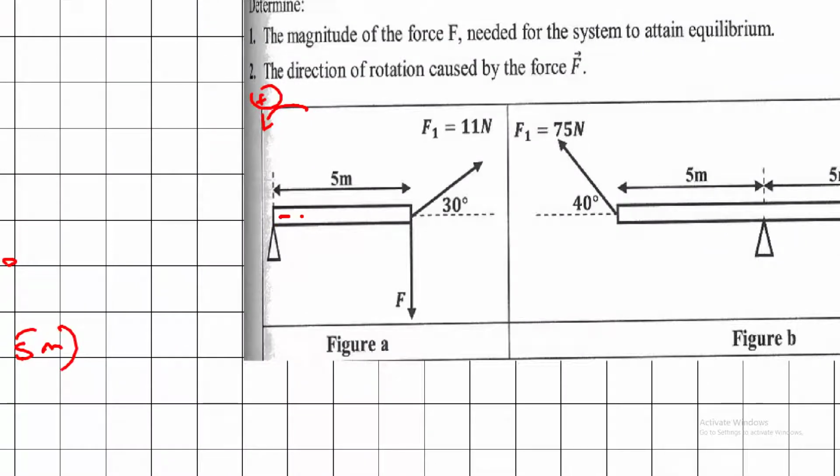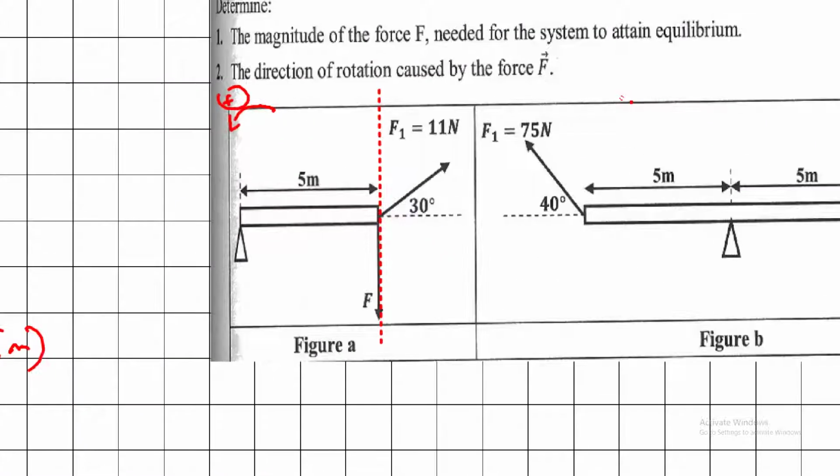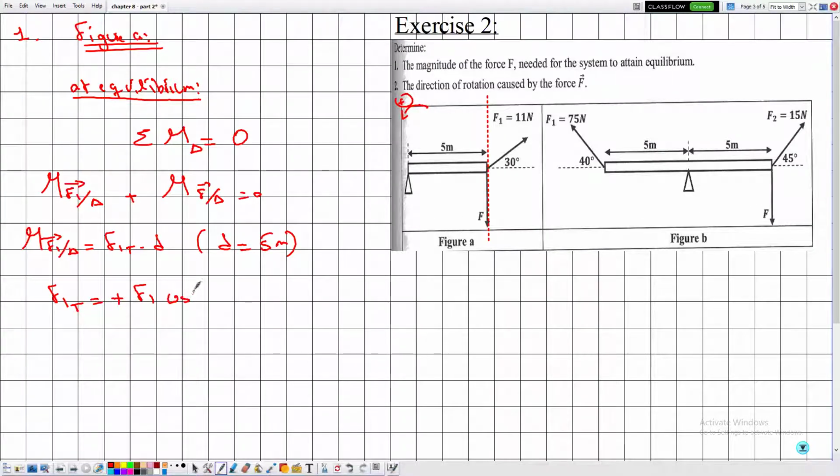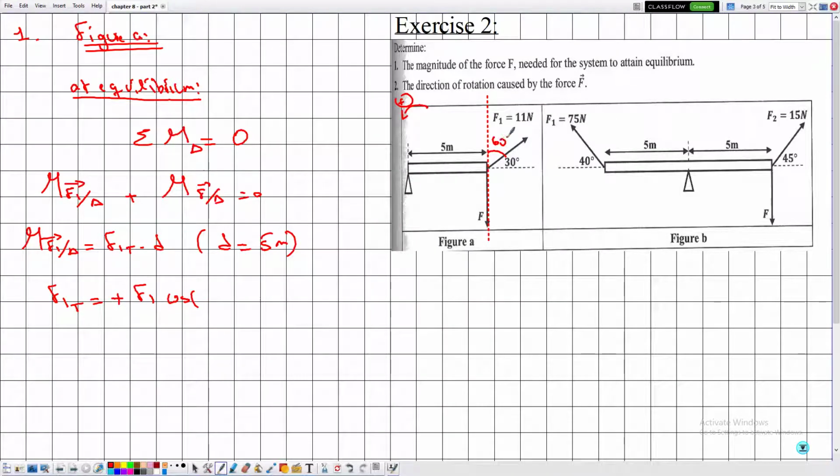If this is the center of rotation, sorry, the radius, then this is the tangential direction. So the cosine of the angle between F1 and the tangential direction is given by, in this case, 60 degrees.